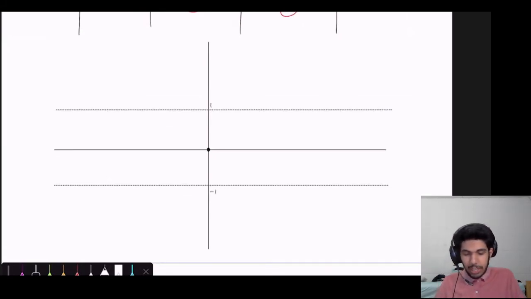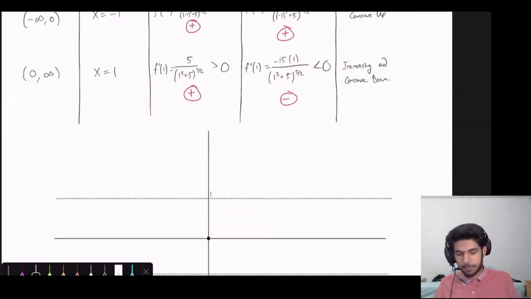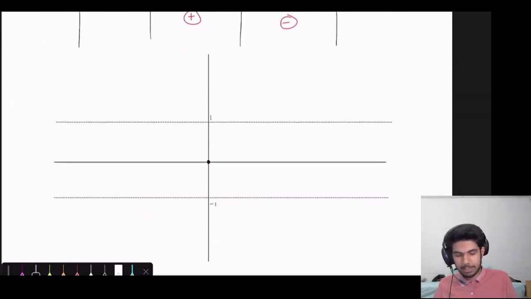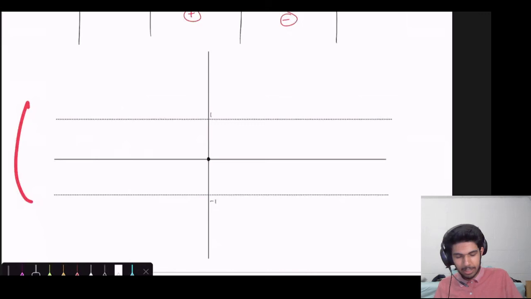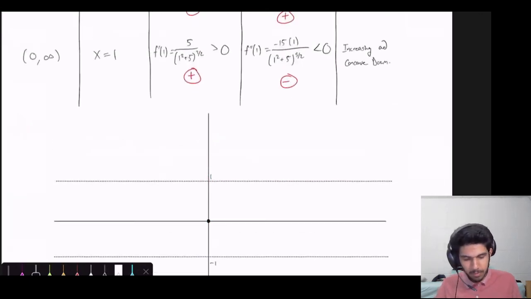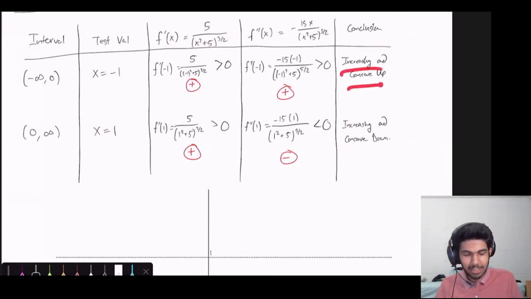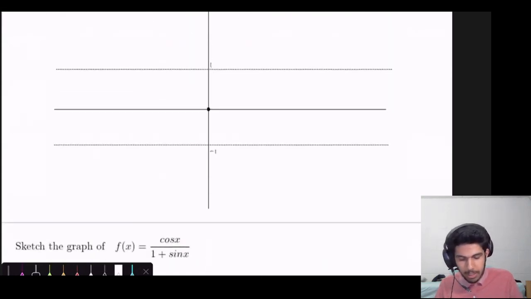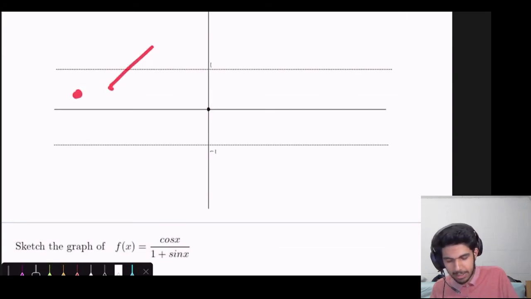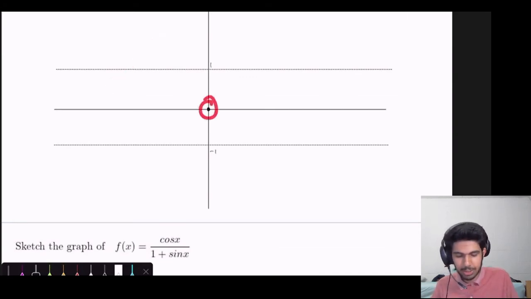Okay, so now we consider our intervals. The first interval is -infinity to 0. So from down here to this axis, we are increasing and concave up on this interval, and we have to intersect here. So if we're increasing, we're going in this direction. So we shouldn't be starting anywhere up here, because if we increase, we'll never be able to reach this point.